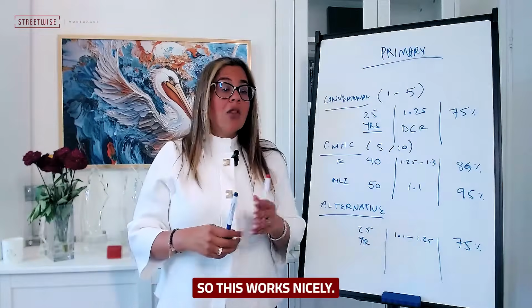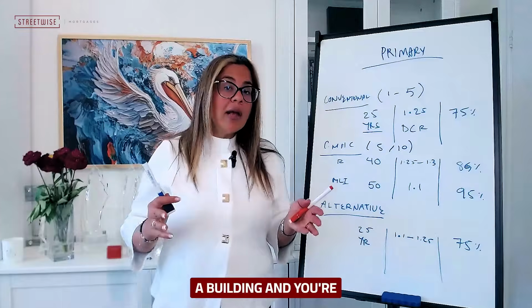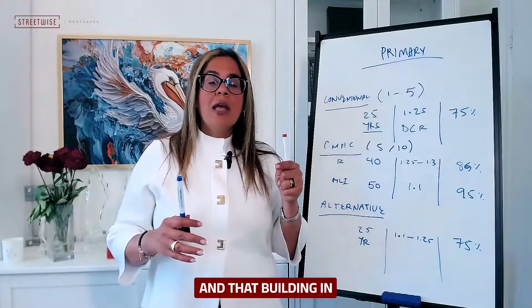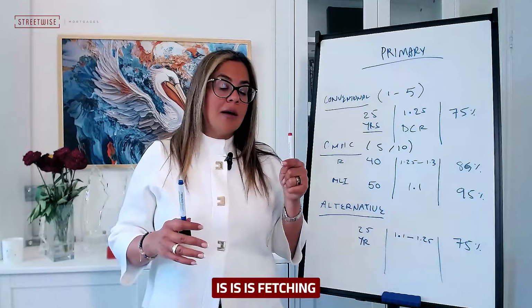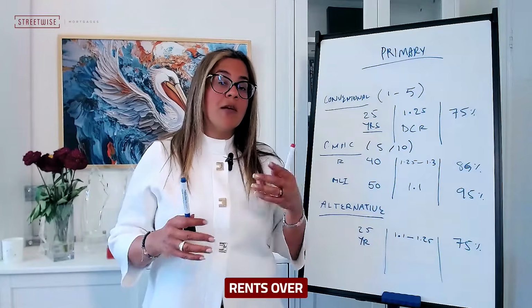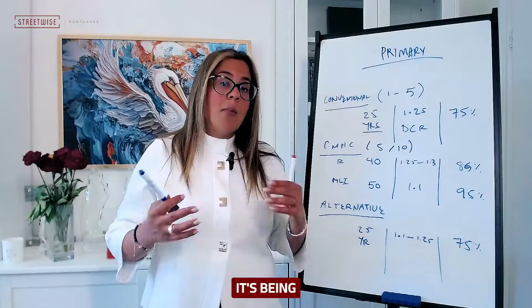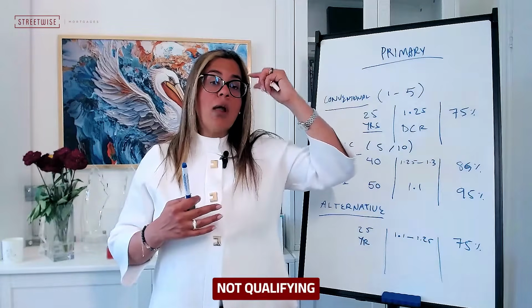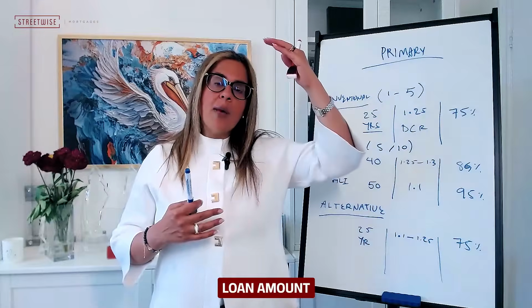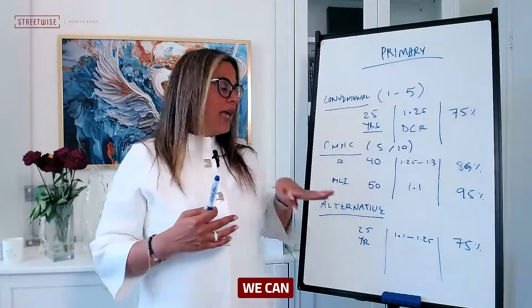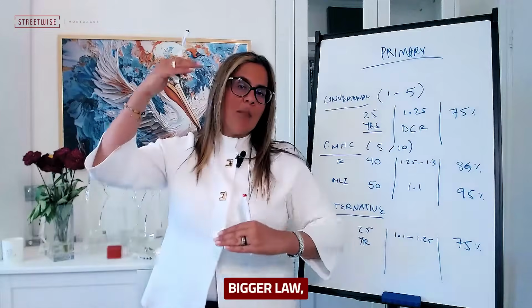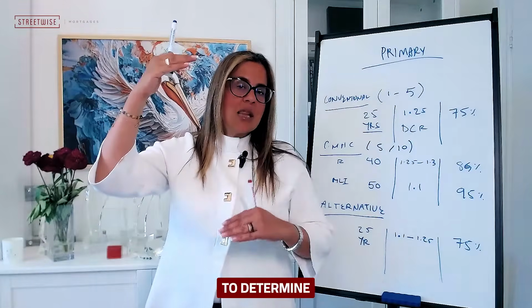So this works nicely if you're buying a building and you're running your debt coverage and that building is fetching rents below where the market is, but it's being sold at a high price and it's not qualifying for the full loan amount that you're aiming for, we can look at an alternative option to help you get that bigger loan. Because at the end of the day, the loan is going to determine your down payment.